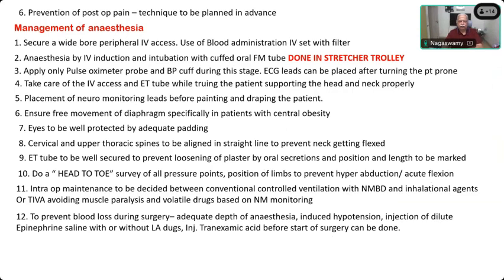If he has a hemoglobin of 14 grams, how many times can he donate? You can donate up to 3 times at weekly intervals, giving iron supplements and folic acid. So up to 3 times a patient can donate if he has a hemoglobin of 14 grams and above.